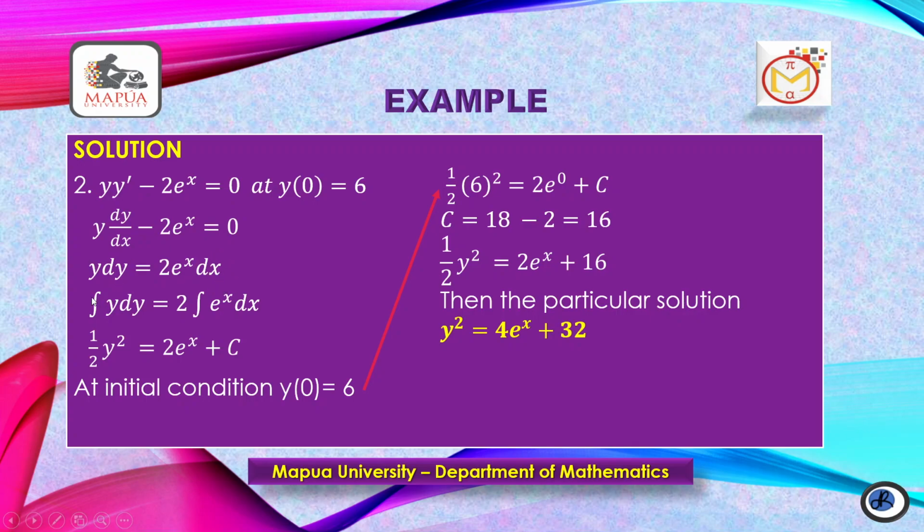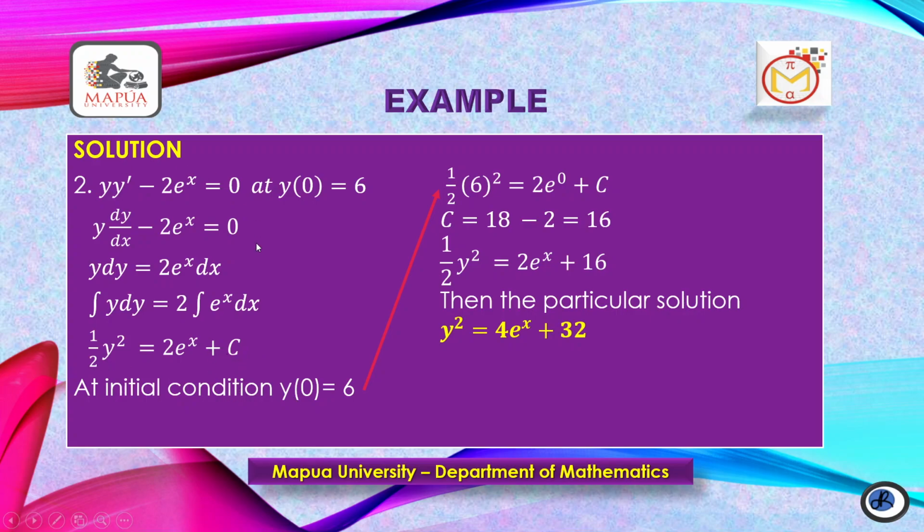And then it can now be evaluated. By power integral, we have 1 half y squared, and on the right side, this is the integral of e to the u du. So the integral of e to the x dx is simply e to the x, and then upon integration, plus c. When we substitute the given condition, we can look for the c.